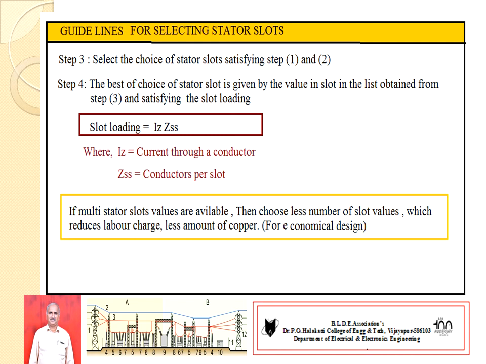If we are designing lower values of slots, then the winding material required is less. It ultimately creates an economical design. You remember, this is also one of the important facts. You have to mention very clearly, for economical design I am going to select lower values of stator slots. It is my decision. You write there, then you proceed.